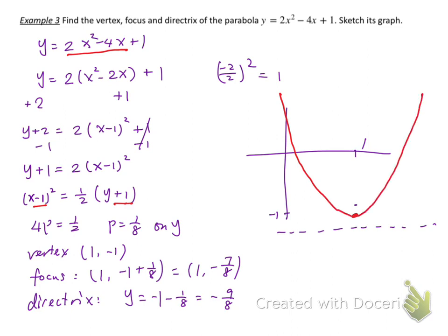I don't know where exactly it is, but it goes through the vertex, and also it opens toward the side of the focus. So that's the graph. If I want to label the points, the vertex is (1, -1), the focus is (1, -7/8), and the directrix is y equals negative 9/8.